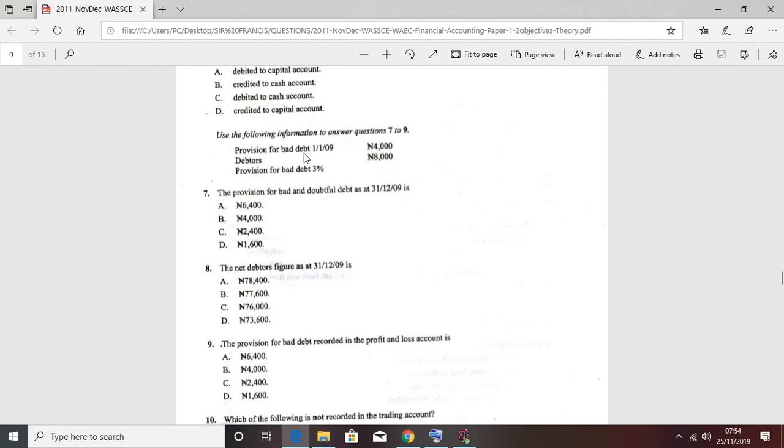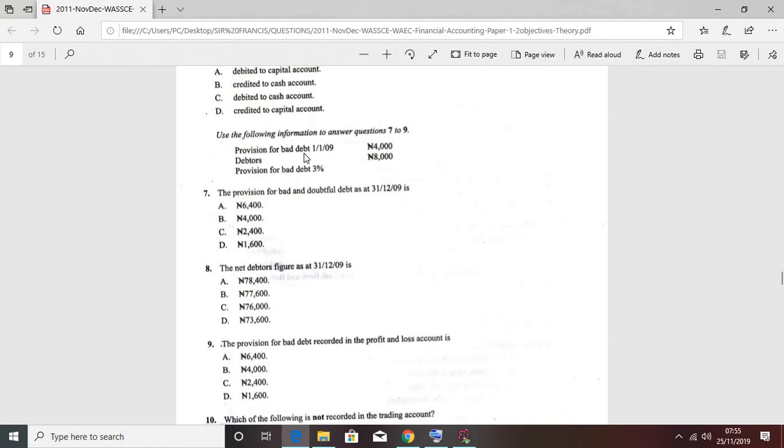Provision for bad debts as at 1st January 2009 is 4,000 naira. Debtors figure is 8,000 naira, and the provision for bad debt itself is 3%. So let's see how we can get the answers for question number 7. The question says the provision for bad and doubtful debt as at 31st December 2009 is what?